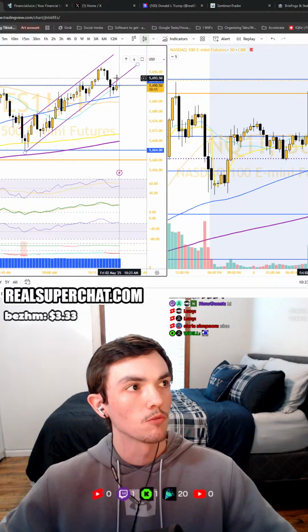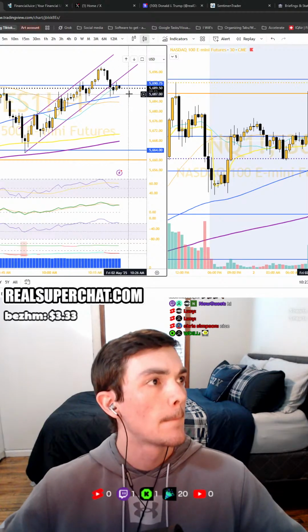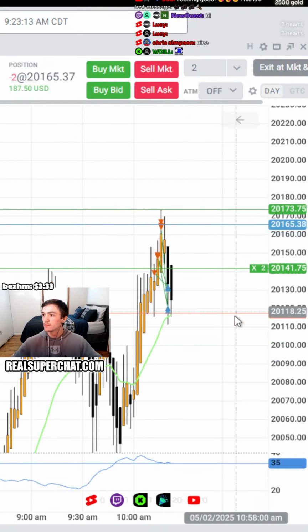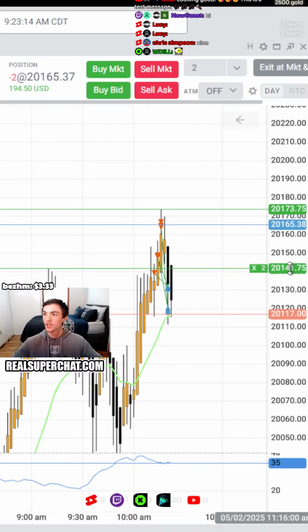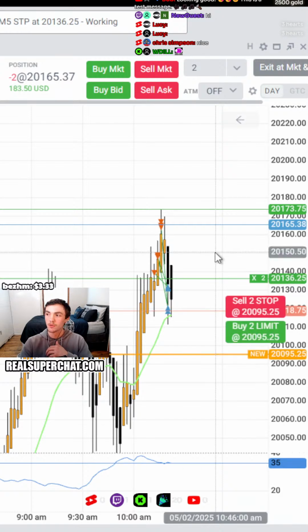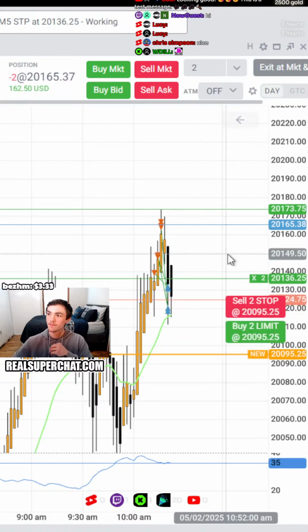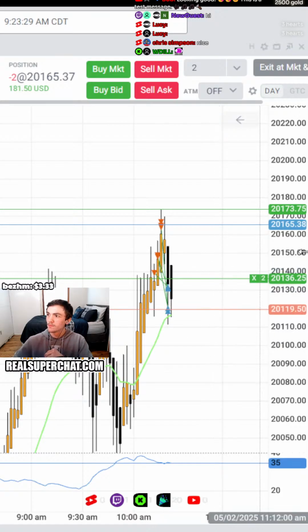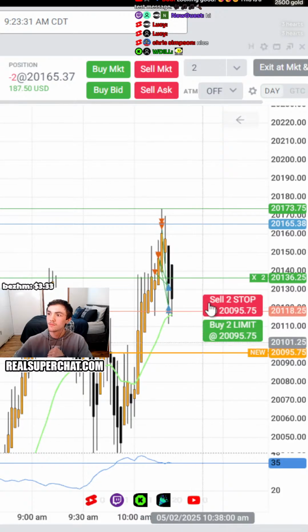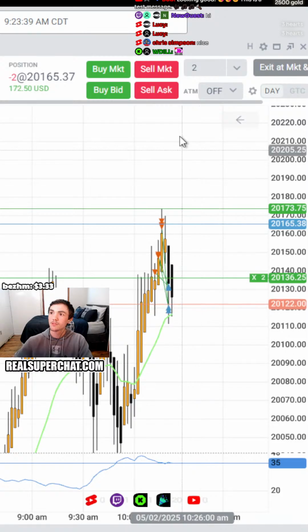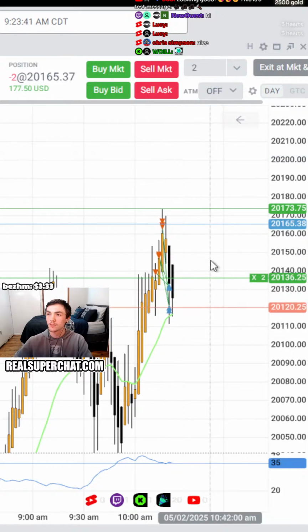ES is reversing, or at least attempting to. Move stop down a little bit. Trail it by like 15 points. Wish I added some more size. Only 2 minis. Only 6 mini total.